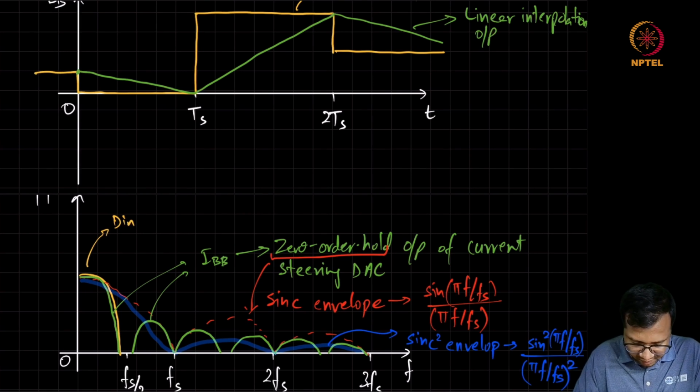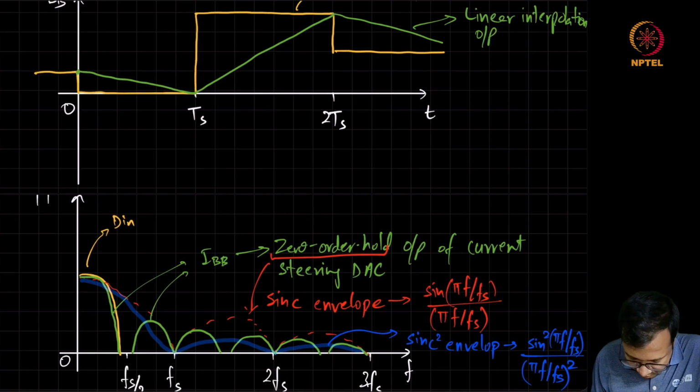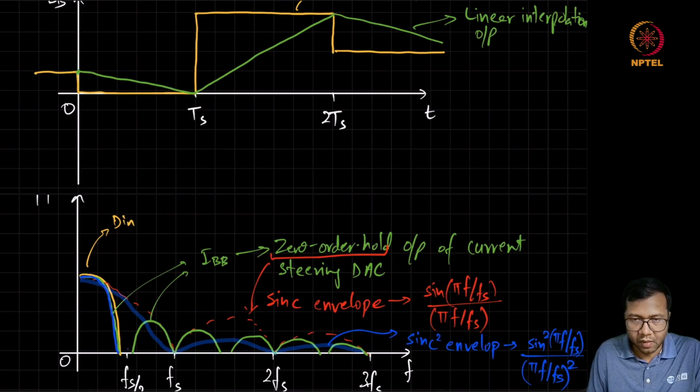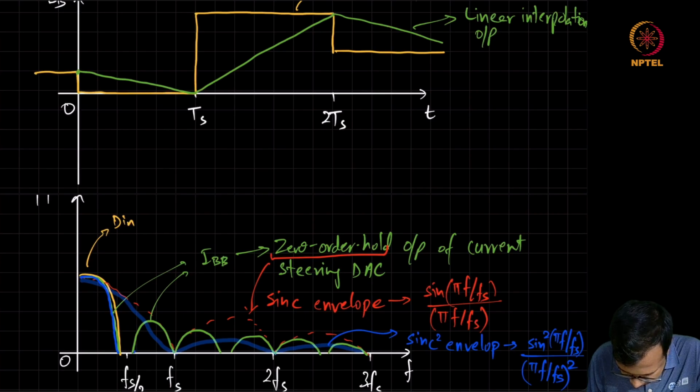As a result of this, if you look at the spectrum after the linear interpolation, it is going to have almost the same spectrum as the sync in the Nyquist zone. But after that, it is going to show much higher attenuation.